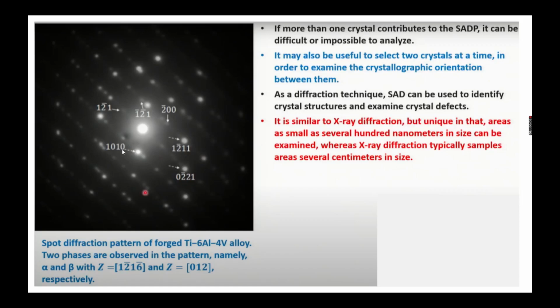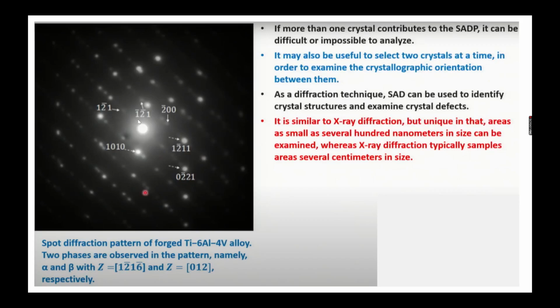Here you can see 2 bar 1, 200, or some 1211. You can see how this is arranging. This is only possible when you use some aperture, then you will get a focused beam to get this kind of diffracted spot.